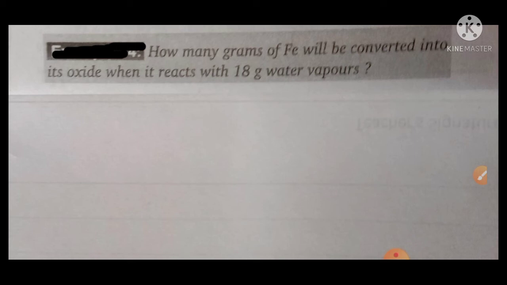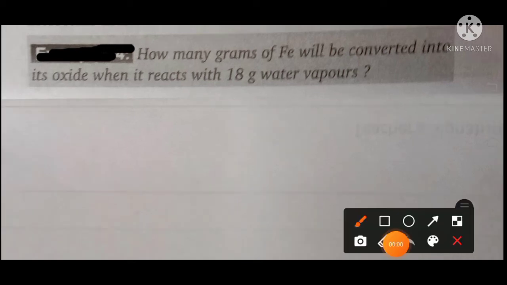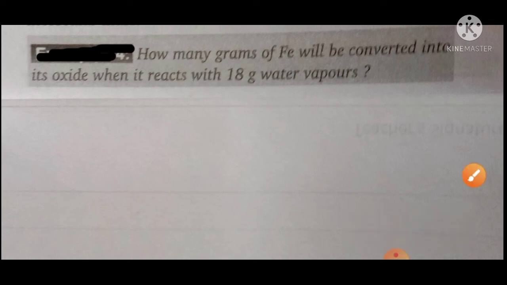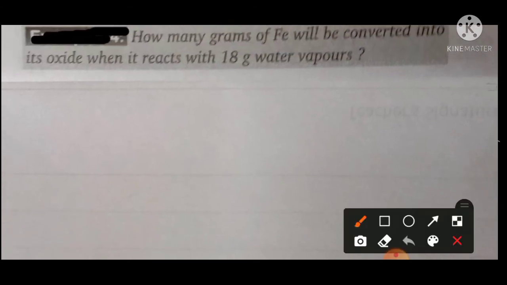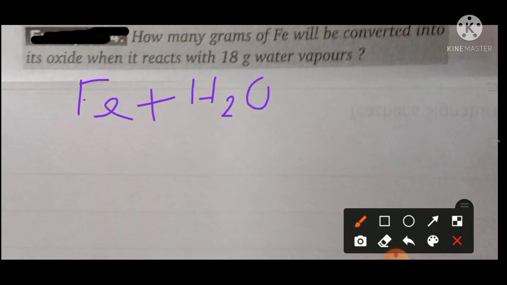It forms iron oxide. Now the chemical reaction between iron and water vapors is Fe plus H2O formed iron oxide.